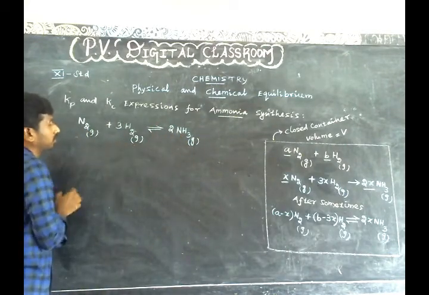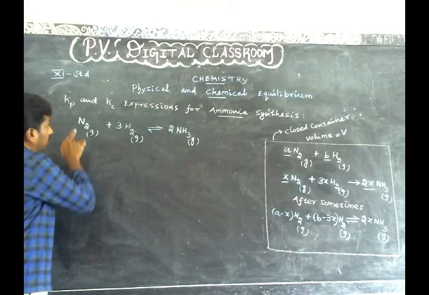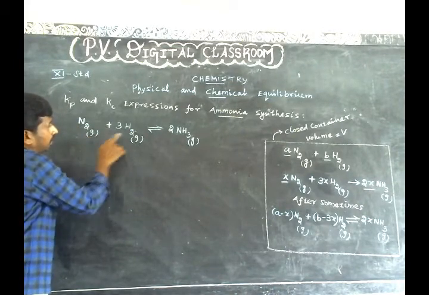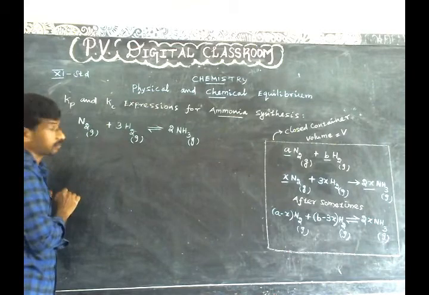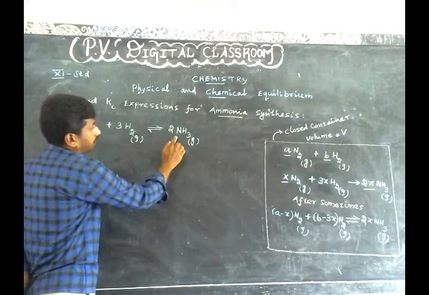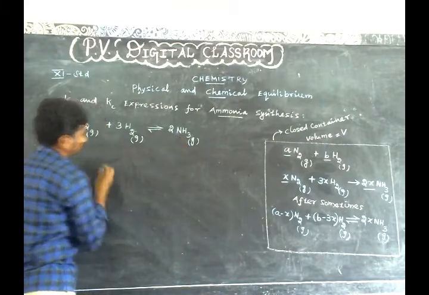In this reaction, the reactants are nitrogen gas and hydrogen gas. The product is ammonia gas.